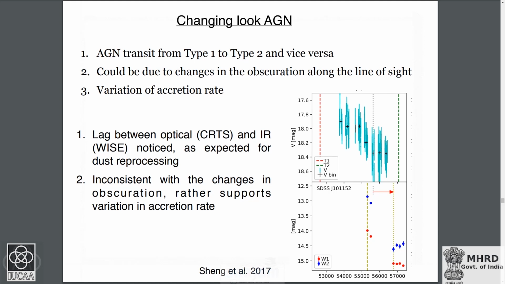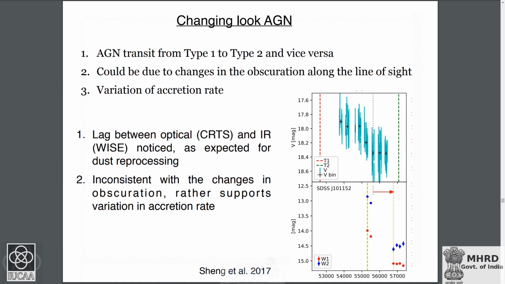Type 2 means they have only narrow lines in the spectrum. People have recently noted that certain AGN go from type 1 to type 2 state, and there are two reasons for this. One possible reason is that there can be changes in the obscuration along the line of sight from the source to the observer. The second possible reason which is postulated is due to changes in the accretion rate.